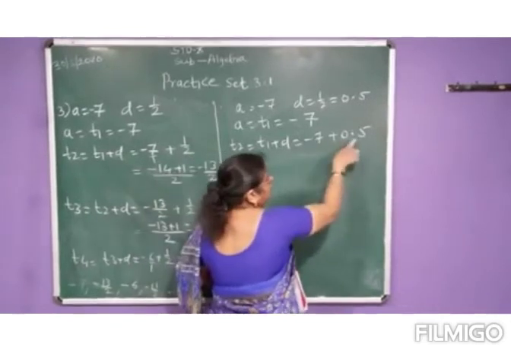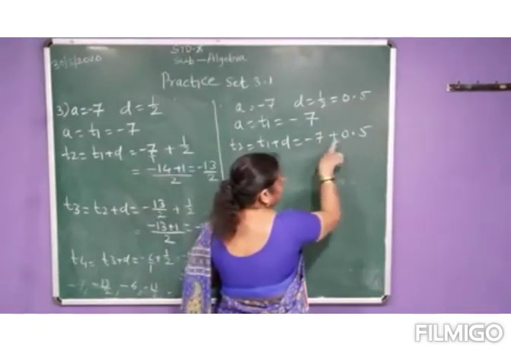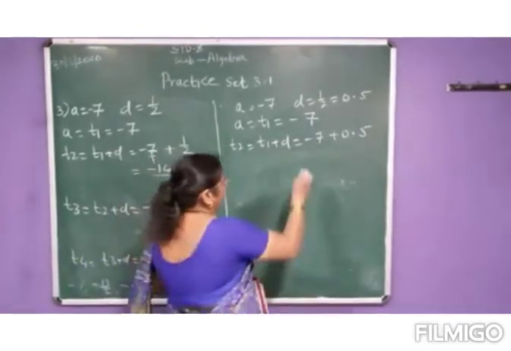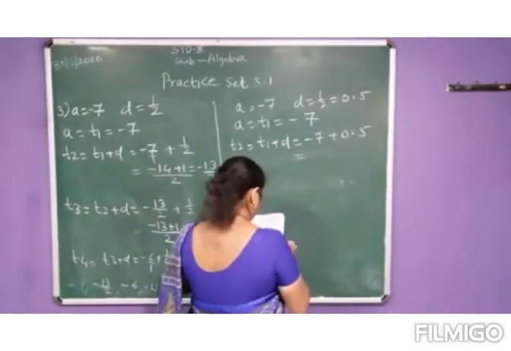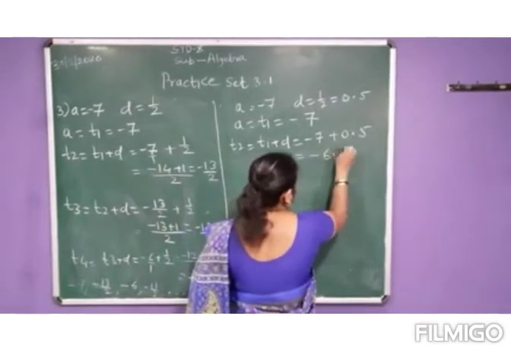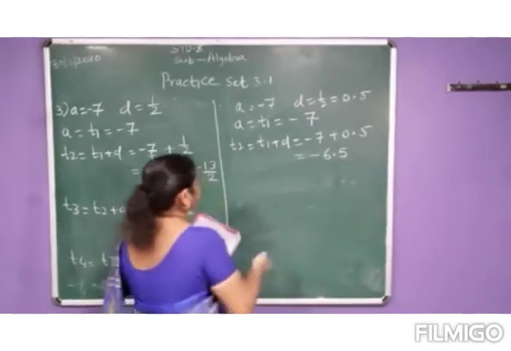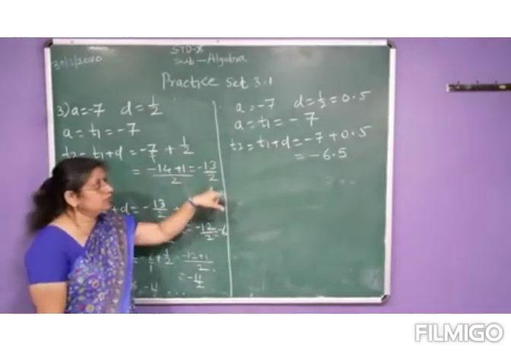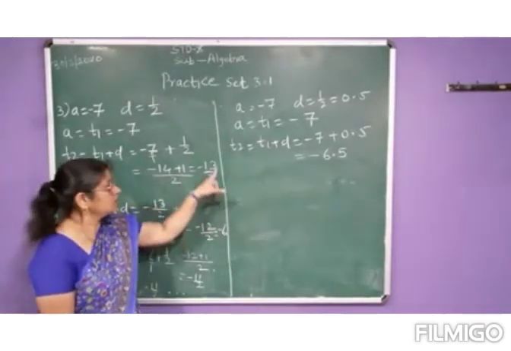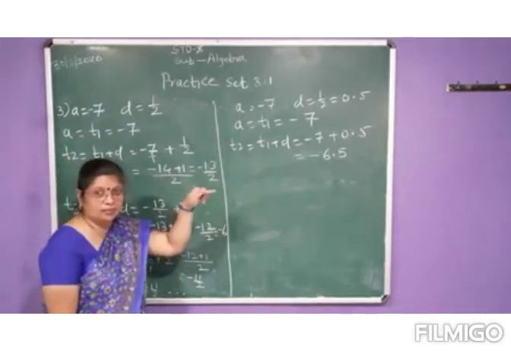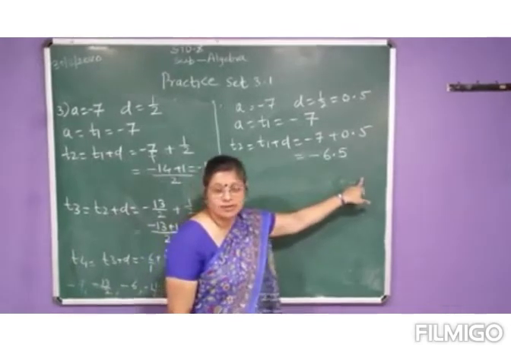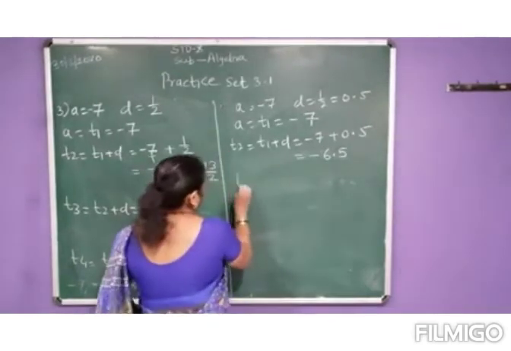Now here actually that means you are subtracting 7 minus 0.5. What you will get? 6.5. And that too minus 6.5. Correct? And here also if you see T2, if you divide 13 by 2, you will get the same thing. 2 6s are 12, then the decimal point, and then 2 5s are 10. So -6.5. Now you will find out T3.